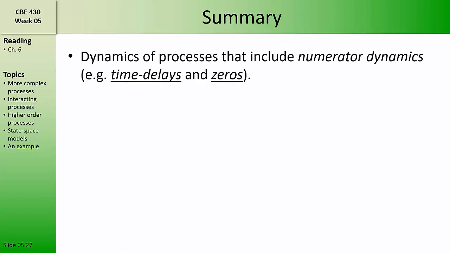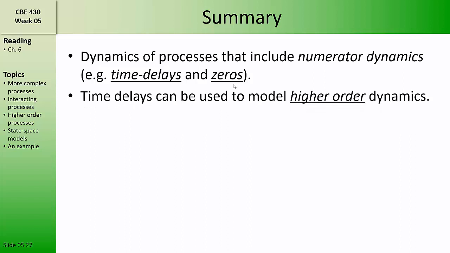In Chapter 6, we talked about the dynamics of processes that include numerator dynamics. The term numerator dynamics is used to describe in the Laplace domain functions of s in the numerator of a transfer function. We looked at two examples, time delays and zeros of the transfer function.